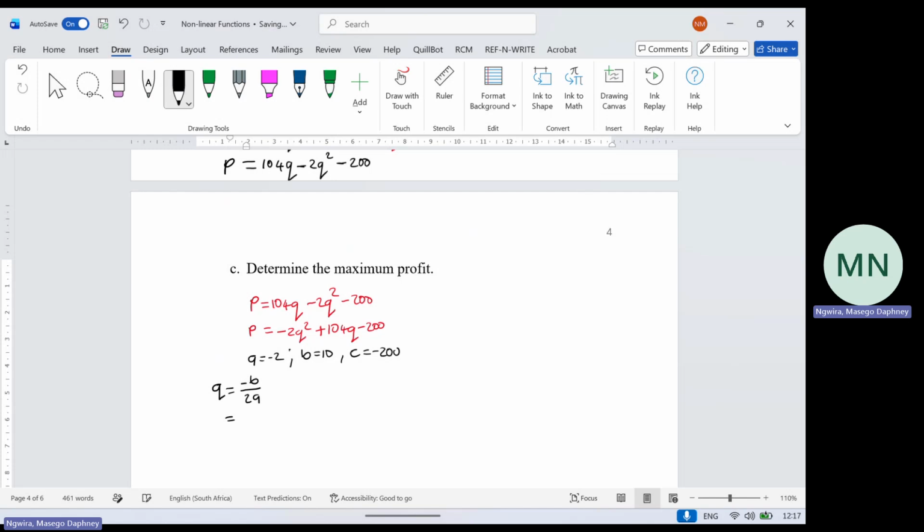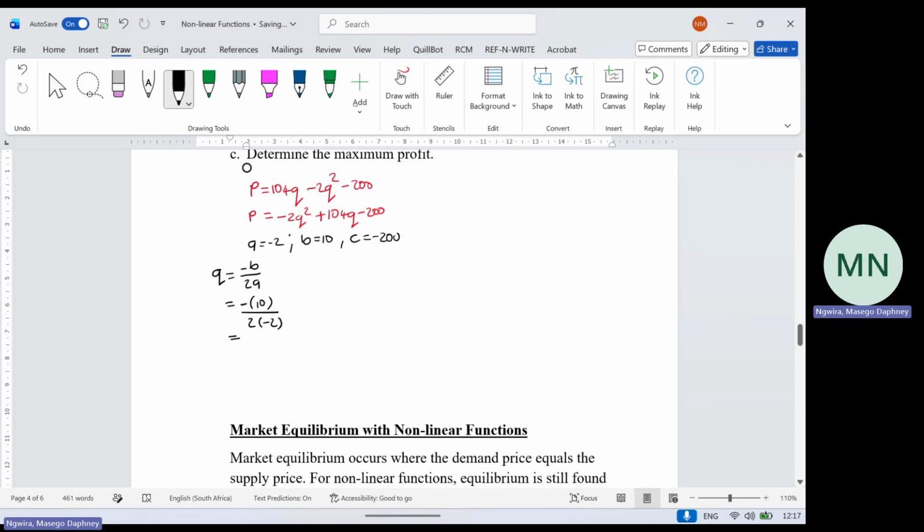My B is 104, then over 2 times A, which is -2. When we use our calculator, we are going to get 26. So it means that we have 26 units.